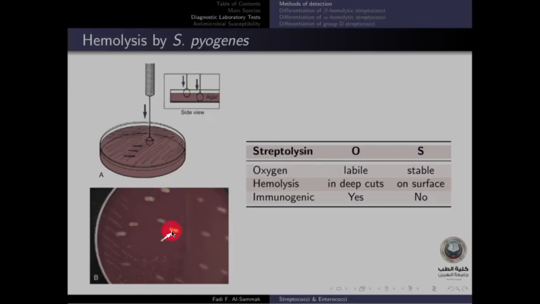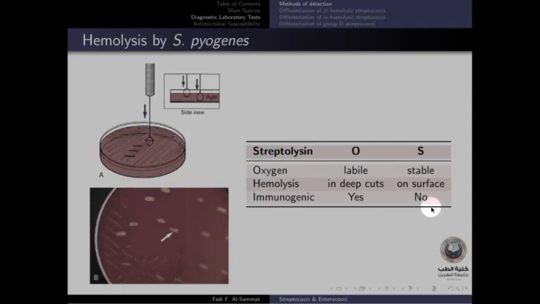And after incubation, you see the colonies, and hemolysis only around these deep cuts, indicating that hemolysis was actually due to the presence of streptolysin O rather than S. On the other hand, the S is stable in the presence of oxygen. It is not sensitive to it, and it can be seen on the surface of the media. The hemolysis is seen around the colonies on the surface.